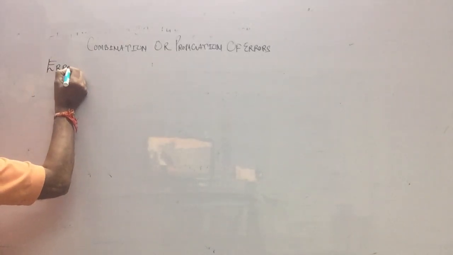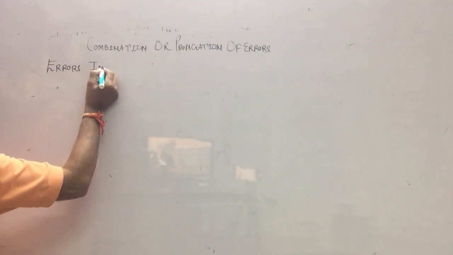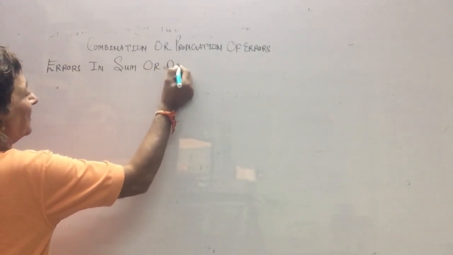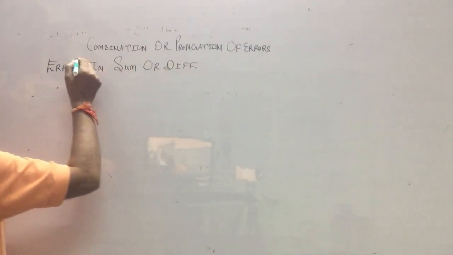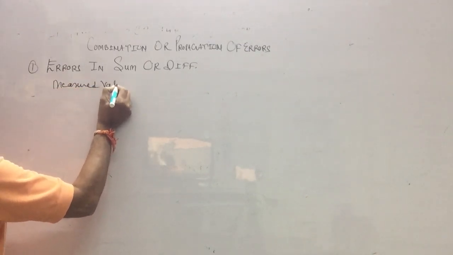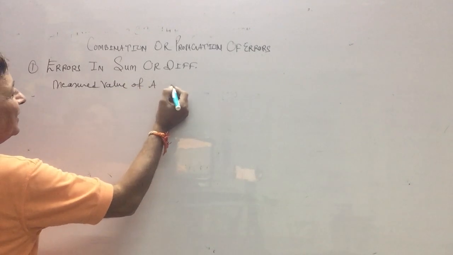Errors in sum or difference. See, measured value of A. Measured value of A, that is what? That is equal to A plus minus delta A.